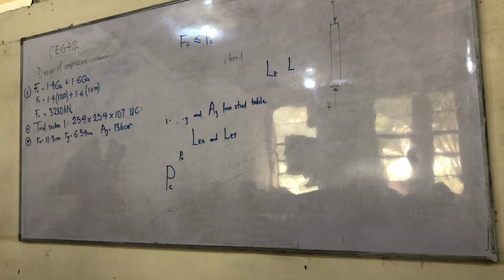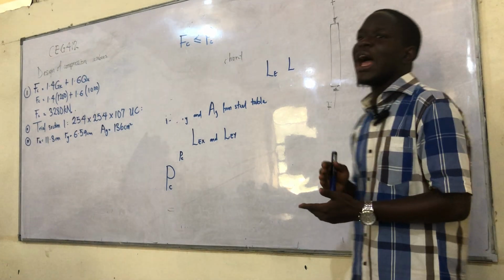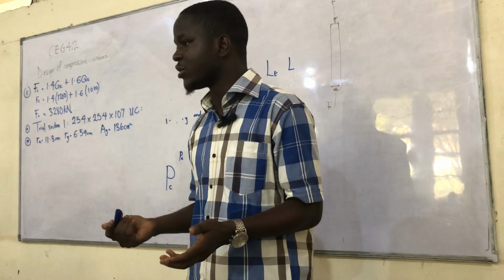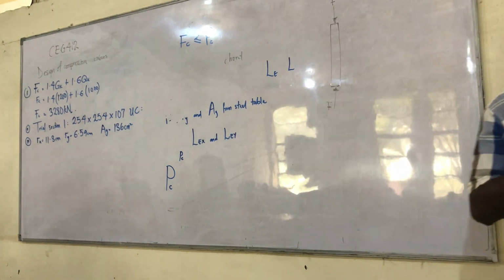Listen. Can you see where it says non-sway mode? Your non-sway mode is the same thing as braced. Your braced columns do not sway. I think we all know this, right? Braced columns do not sway.